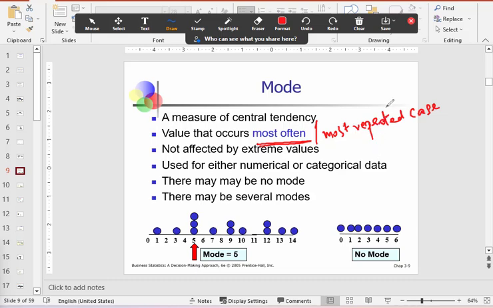Most repeated case. So this is the way. One of the examples that I gave is for the case of doctors, where they observe the presence of any particular disease in terms of how many patients they have.